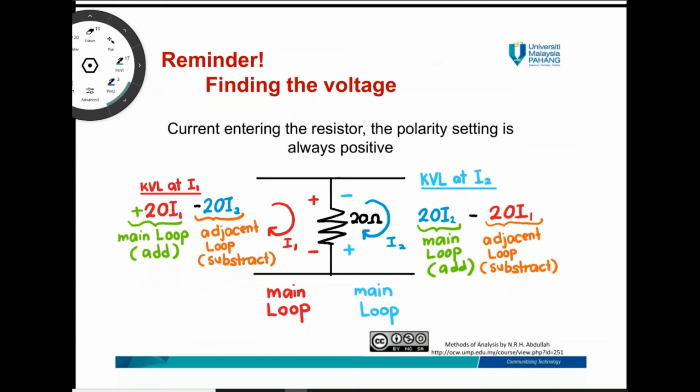So here is the explanation for finding the voltage for each element. Please remember that you have to find the voltage because the mesh method is closely related to KVL. KVL is a summation of voltages in a closed loop. We assume that when the current enters the resistor, the polarity is always positive.